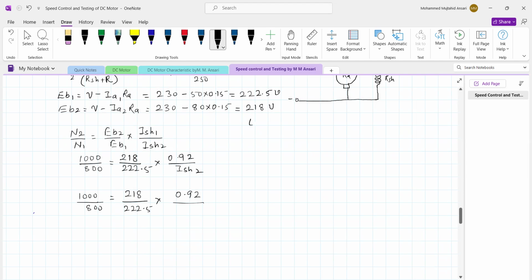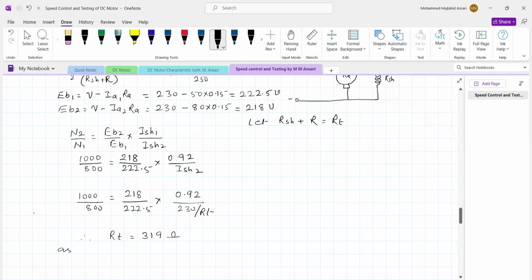Let us assume that RSH plus R, the external resistance, is the total resistance RT. So it is equal to 230 divided by RT. Therefore, RT, the total resistance, is equal to 319 ohms.